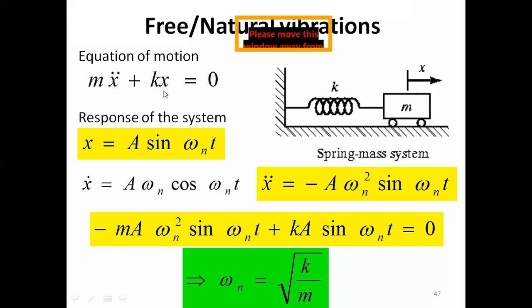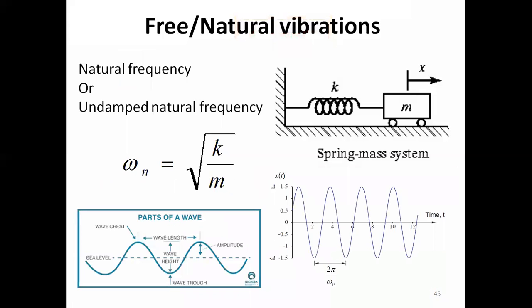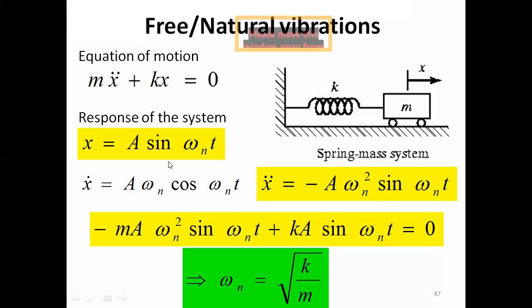So this is the equation of motion of the system, and the vibration is simple harmonic motion, a periodic and sinusoidal motion. If we have a sinusoidal motion like this, then mathematically we could write it as x of t is equal to A sine omega n t.